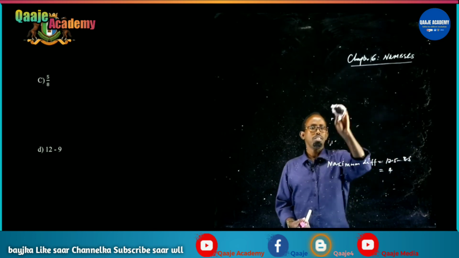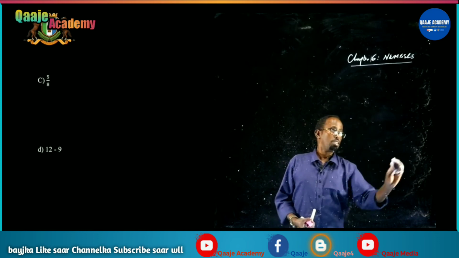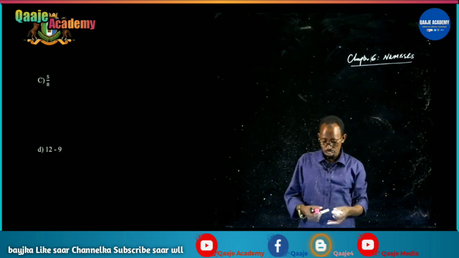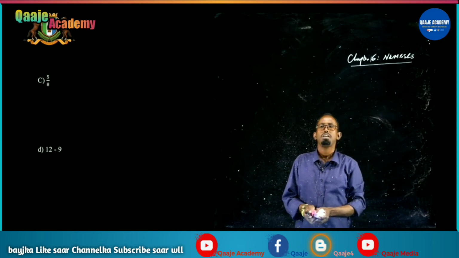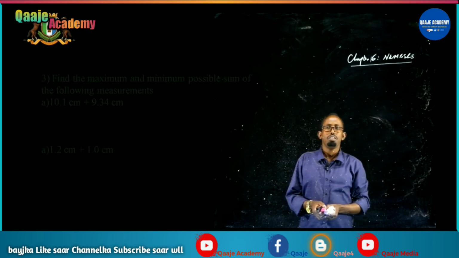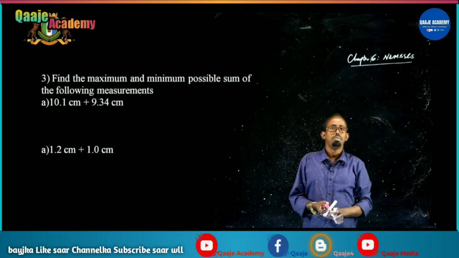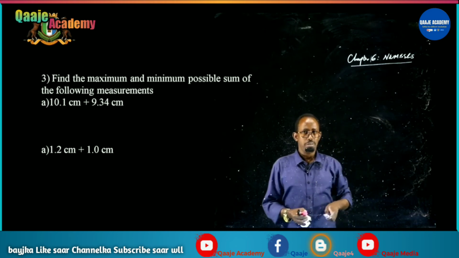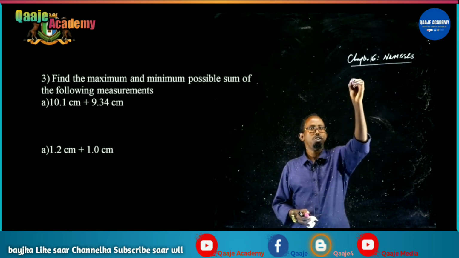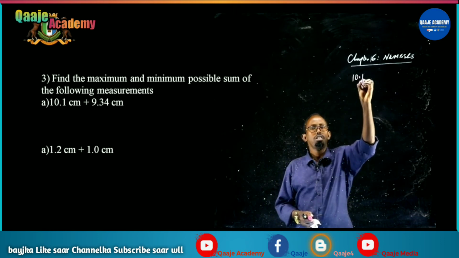Next, find the maximum and the minimum possible sums of the following: 10.1 plus 9.34 centimeters.